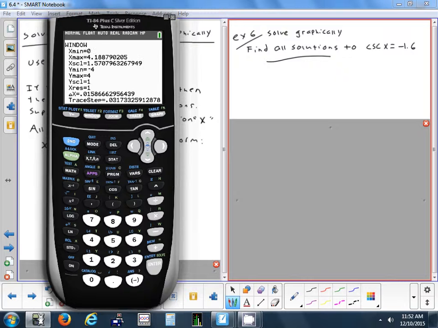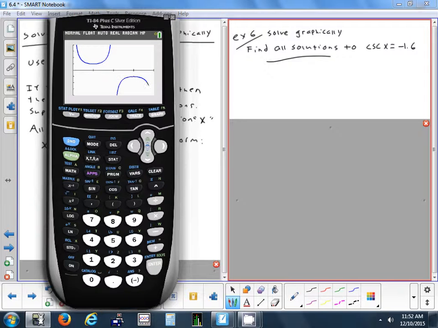So if you forget, wait, is this where the vertical asymptote is the y-axis, or is this the one where it's 90 degrees off? Just try 0 to 2 pi. See if you get a nice looking window. If not, then it's the one where it started at pi over 2 as your first asymptote. But this time, 0 to 2 pi worked perfect.